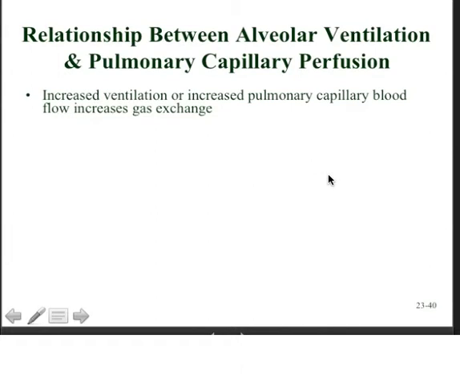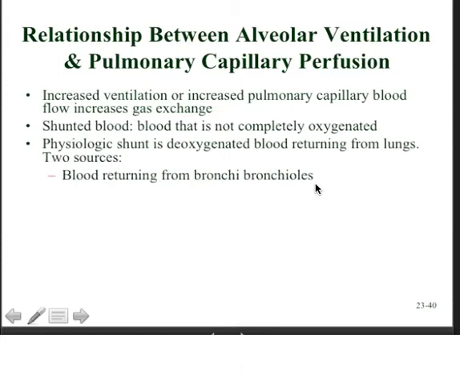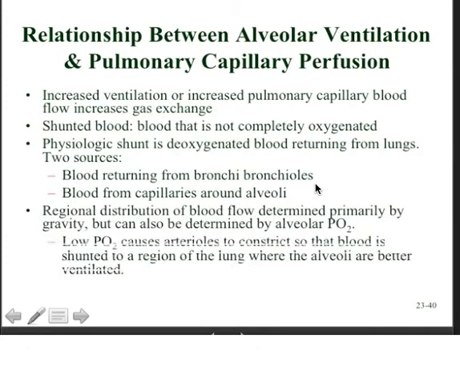Okay, if we look at the relationship between alveolar ventilation and pulmonary capillary perfusion, one of the things that we're going to understand is that the pulmonary system is always going to try and make certain that perfusion is maximized where ventilation is high, and ventilation is maximized where perfusion is high.